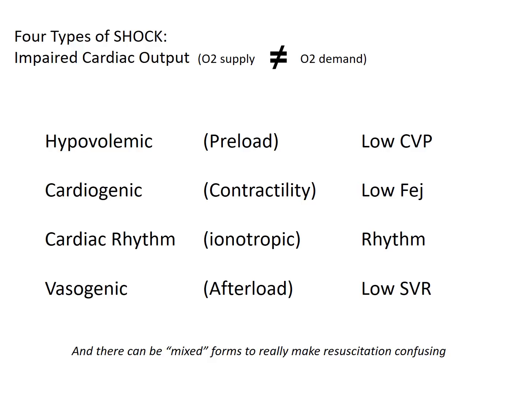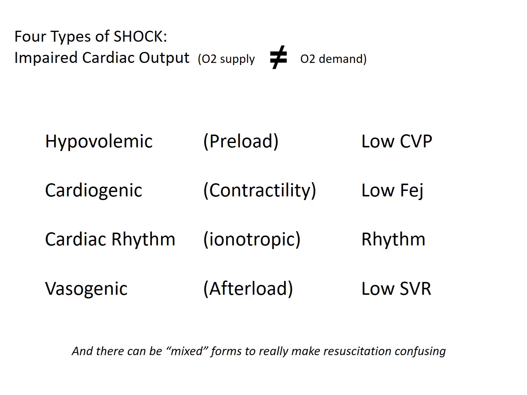Cardiac rhythm shock would be inefficiency of being able to generate adequate heart rate or adequate cardiac rhythm for our heart muscles. And then vasogenic shock would be a loss of the blood pressure. We also refer to that as afterload.